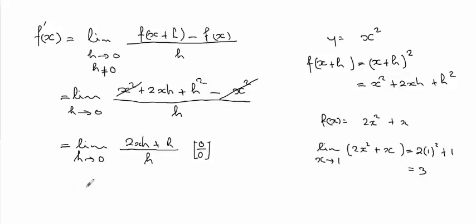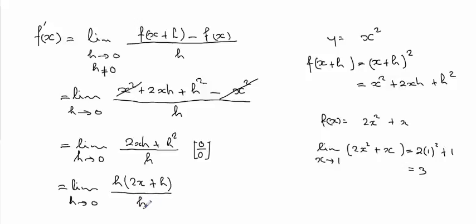Like for example, in this case here, we can take out the common factor h and write this as follows. Say limit as h is approaching 0, common factor h there, then we get h times 2x plus h, all over h.